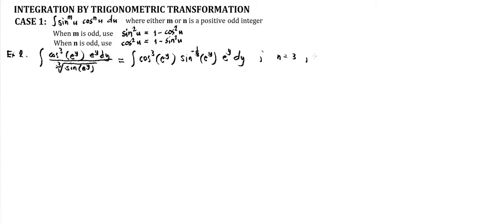Okay? So, dito, gagamitin natin yung transformation para sa cosine squared equals 1 minus sine squared. So, the same procedure, katulad ng ginawa natin kanina sa ating example number 1. Magtatabi tayo ng isang cosine function, at yung natirang cosine ay lilipat natin sa sine squared naman this time, gamit yung transformation na cosine squared equals 1 minus sine squared.